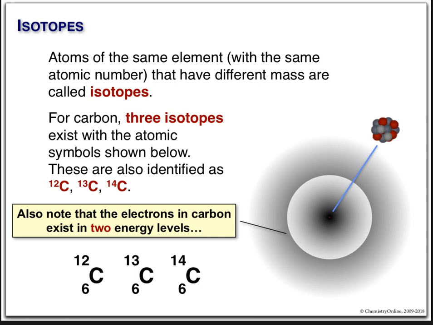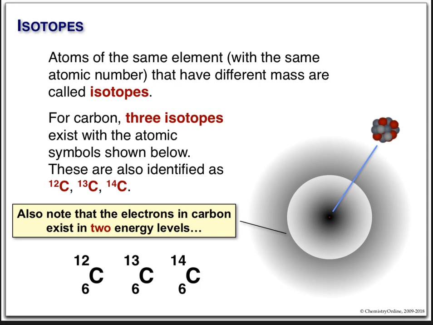Remember, the period on the periodic table reflects the quantum number for an atom. If we have carbon here in the second period, that means we have electrons from the first period, those are the core, and electrons from the second period, we'll call those the valence electrons.